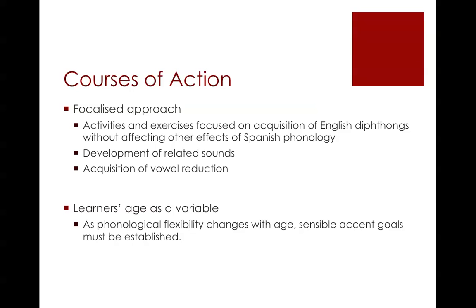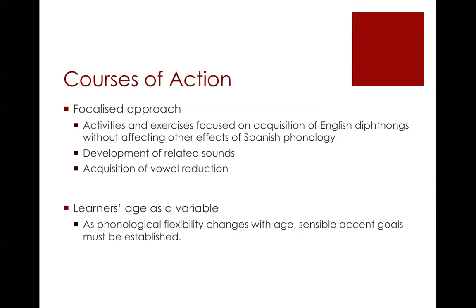This means that we have to take an approach which is focalized through activities and exercises that are focused on the acquisition of English diphthongs without affecting other features of Spanish phonology. Basically, the development of the related sounds, the I, the schwa, the U, and the acquisition of vowel reduction, which will help connected speech and intelligibility.